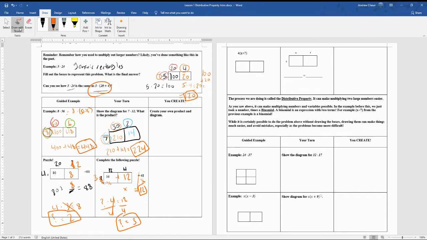All right, so now we're going to get into the questions that are going to be a little more what we're going to see for these next few days. And so if we notice, we're not given just numbers anymore. This time we have an x. So don't worry about it too much. It's still the same process. So I'm still going to put 4 on the left side.